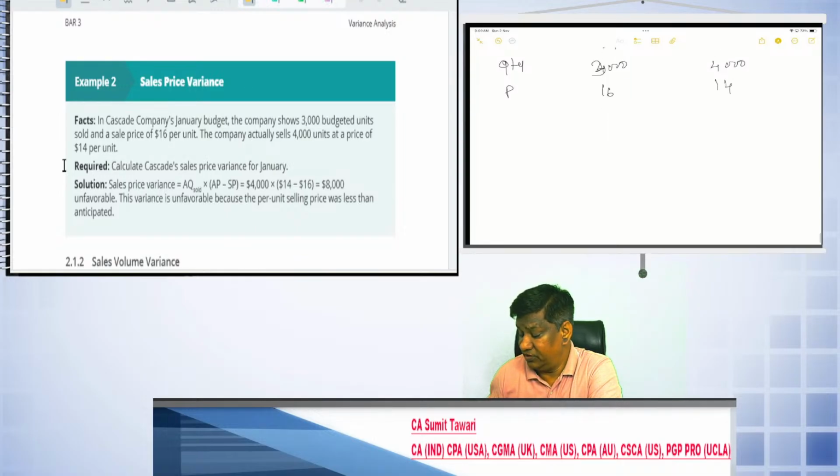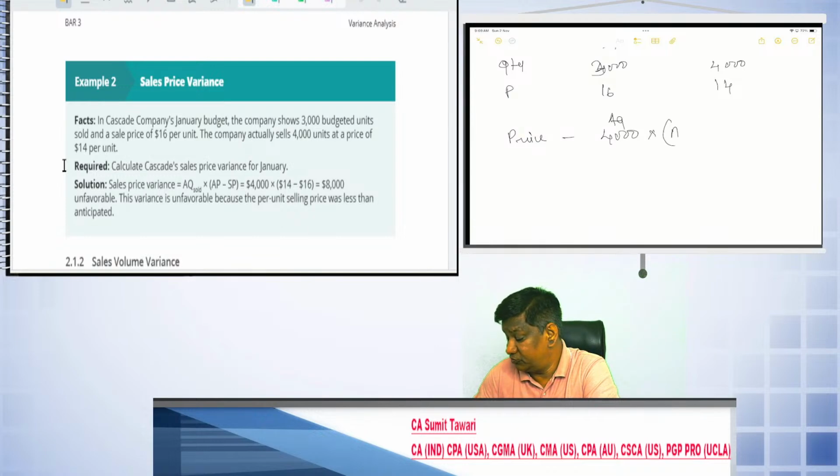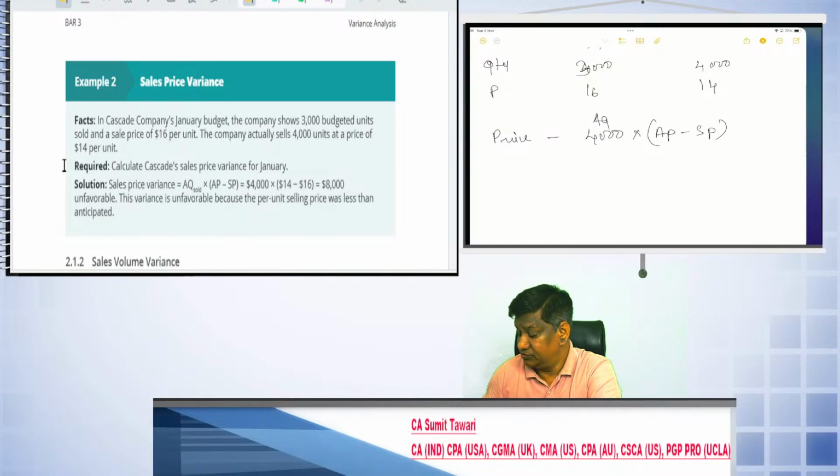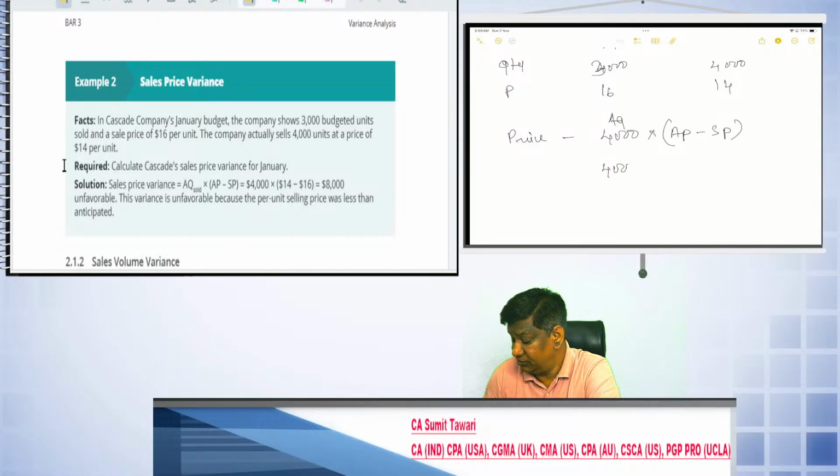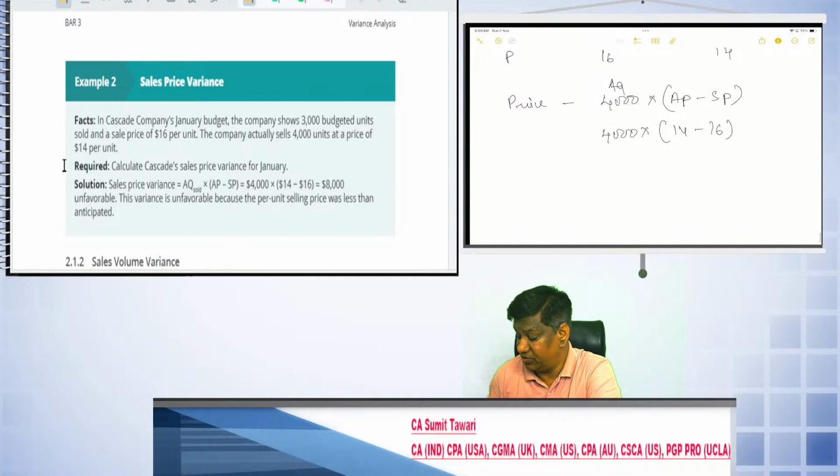So if I calculate the price variance first, I need to consider the actual quantity multiplied by actual price minus standard price. So here 4,000 multiplied by 14 minus 16, which gives the negative. And then the quantity variance.